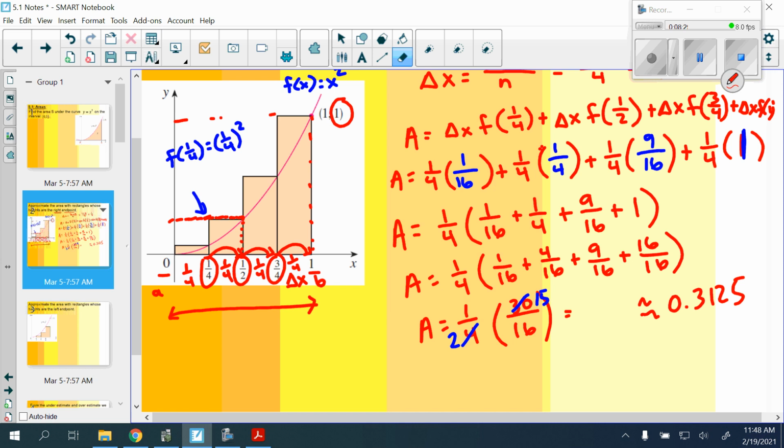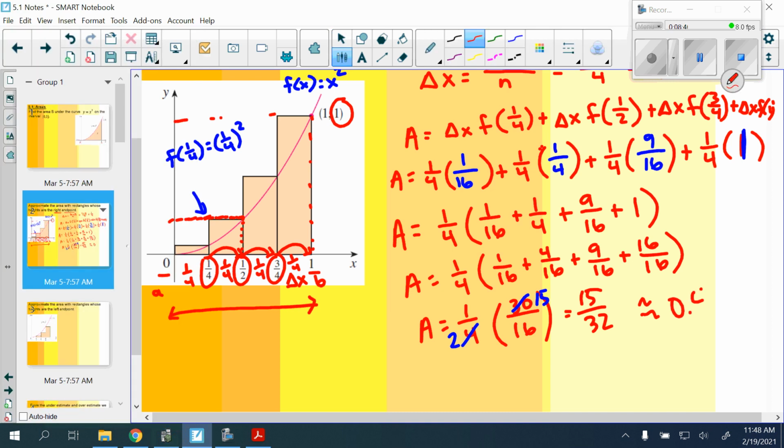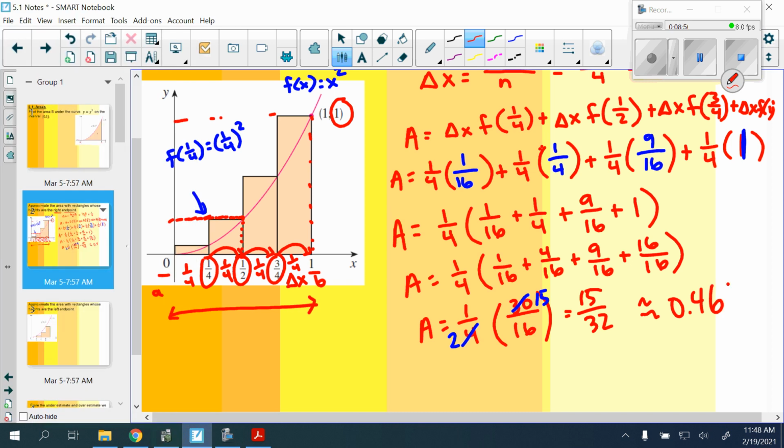Looks like we get 15/32. And that would make our final answer here. There we go. So it looks like it's 0.46875. So that would be the estimate of that area.